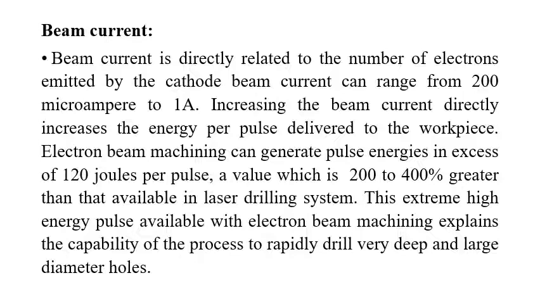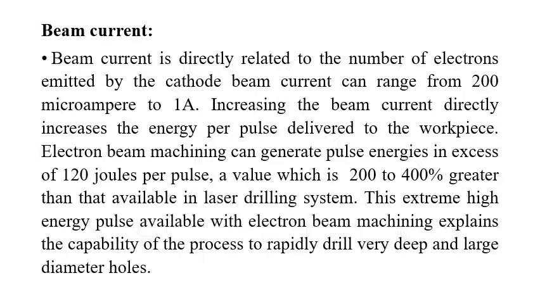Electron beam machining can generate pulse energies in excess of 120 joules per pulse, a value which is 200 to 400% greater than that available in a laser drilling system.